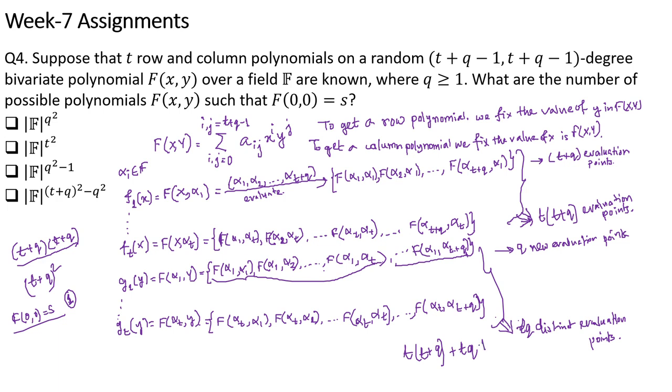There also we know the value of evaluation. So a total of this many evaluation values are available from the bivariate polynomial.